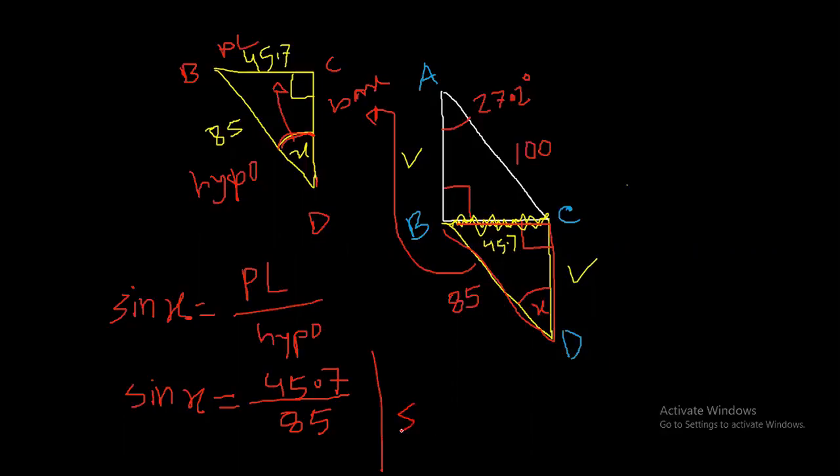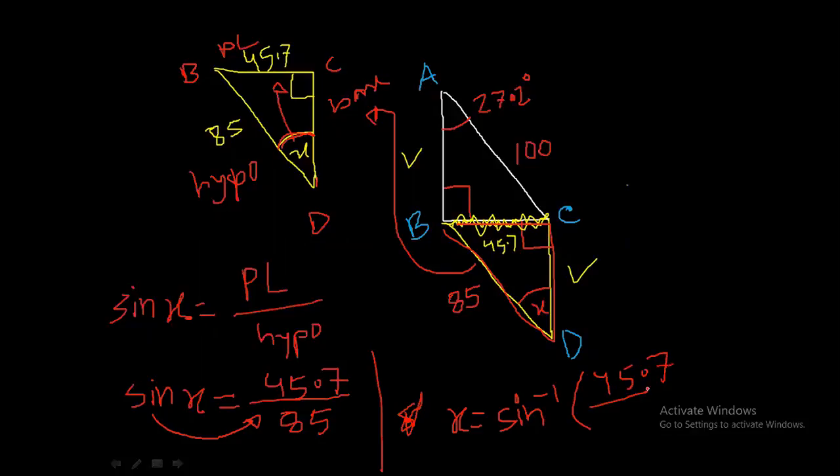So we can write x equal to sine inverse. If I change the side of this sine, it will be sine inverse 45.7 over 85.